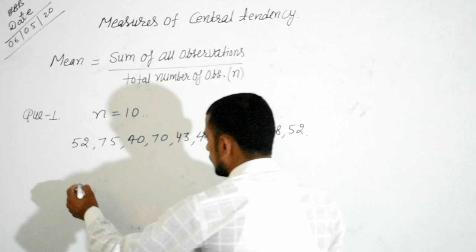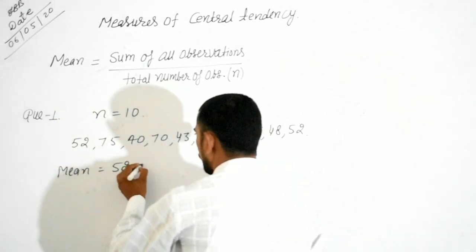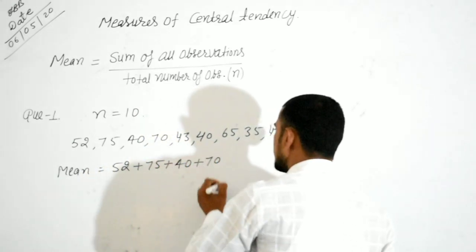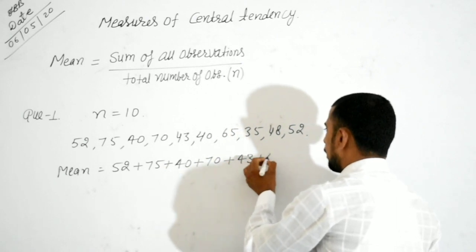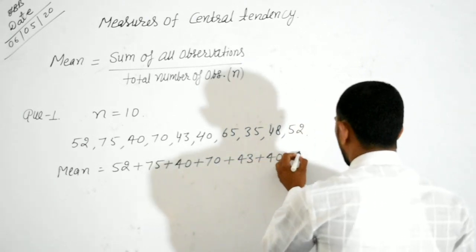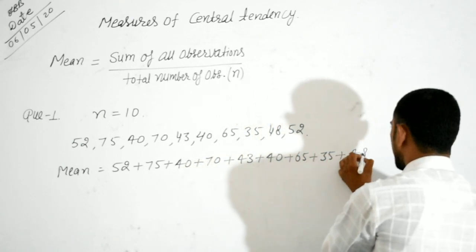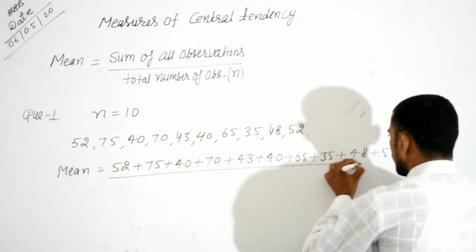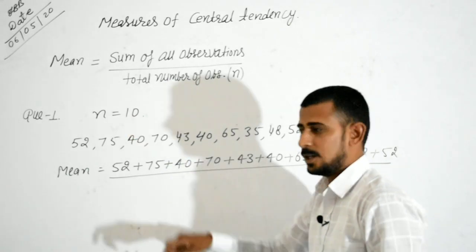First sum: 52 plus 75 plus 40 plus 70 plus 43 plus 40 plus 65 plus 35 plus 48 plus 52, and now divide by the total number of observations, which is 10.